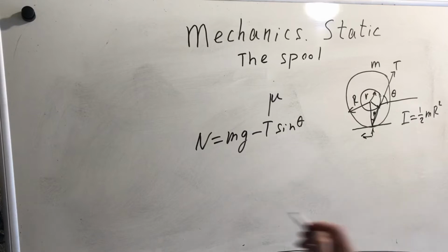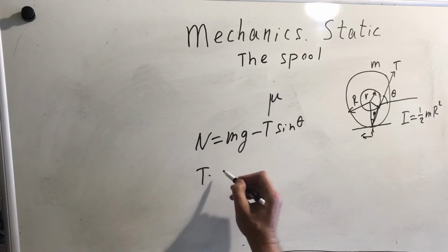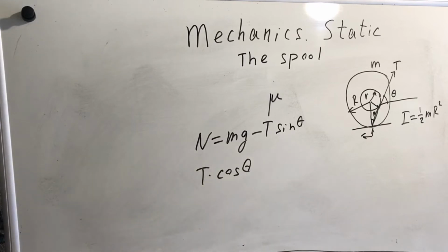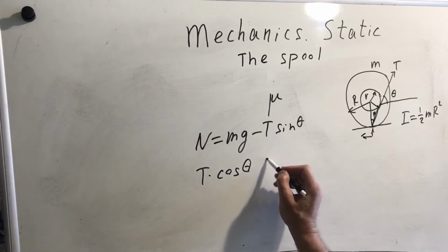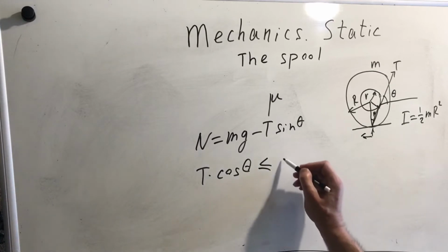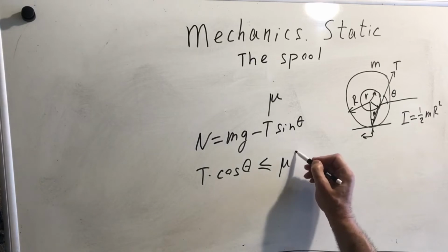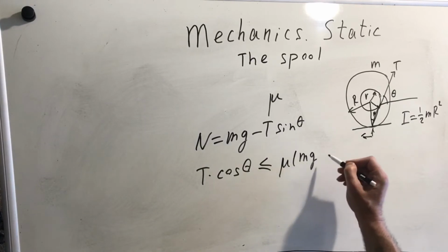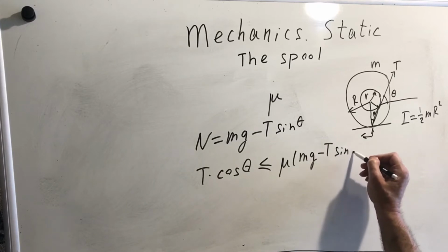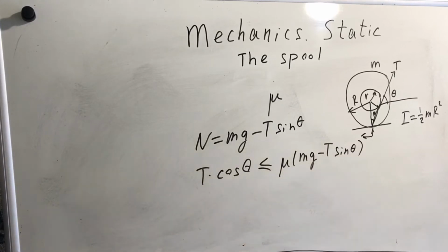So it means that tension multiplied by cosine theta, that's the horizontal force, must be less than or equal to the force of friction, which is mu times (mg minus T sine theta). So that's the maximum possible force of friction.